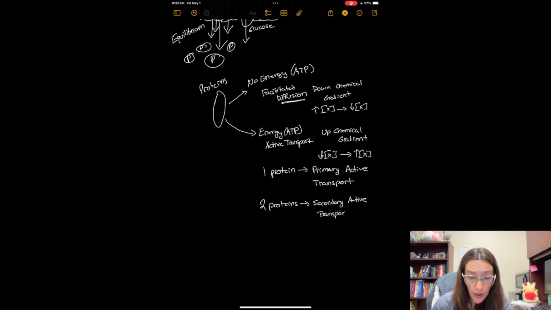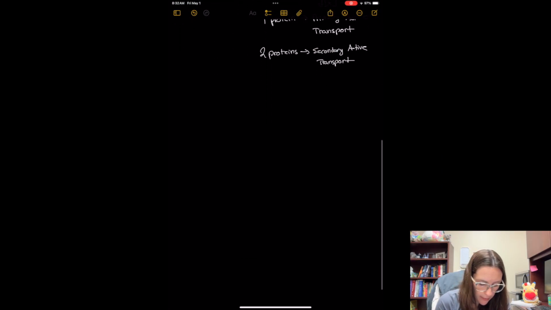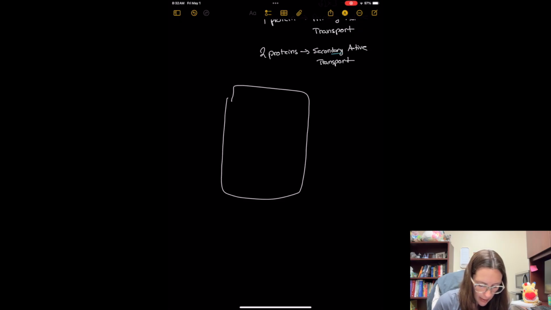And this is sort of what secondary transport looks like. So I've got my cell, okay, and we've got two different proteins. Now, sometimes they're on the same side of the cell, sometimes they're on opposite sides of the cell. I'll just separate them to make it easier. Let's say there's a molecule that we want to go in. Let's say it's an ion that we want to go in. This ion wants to go into the cell, but it's not going to be able to get in there unless it has that chemical gradient.